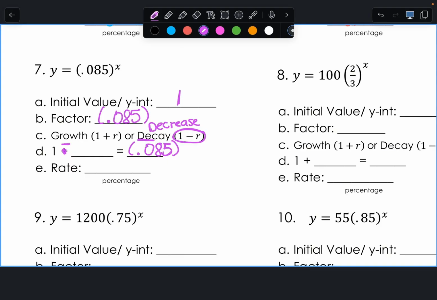You have to subtract that from 1. So take the number 1, subtract 0.085, and it'll give you 0.915.